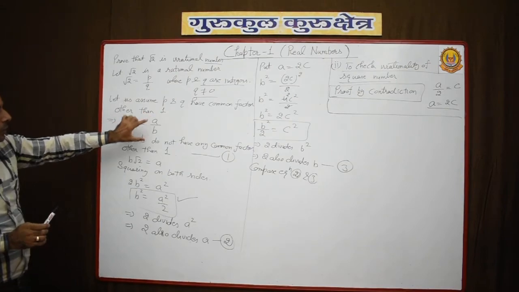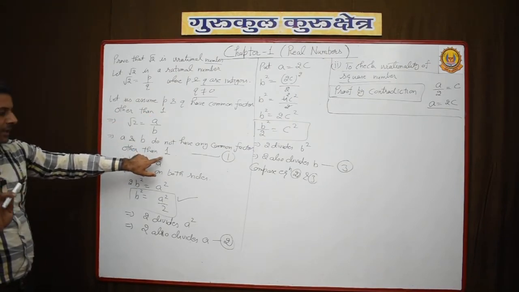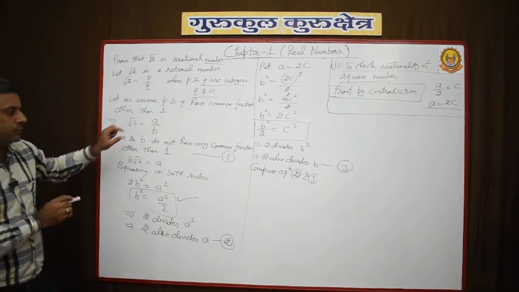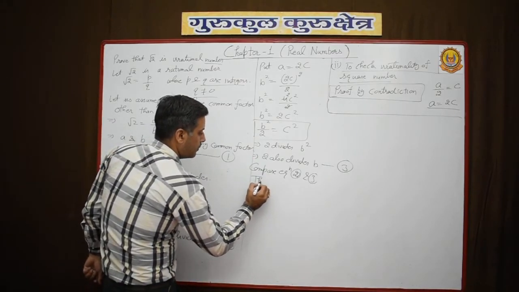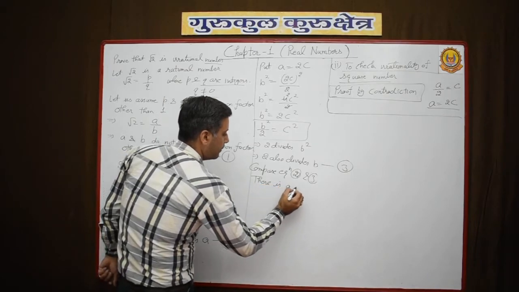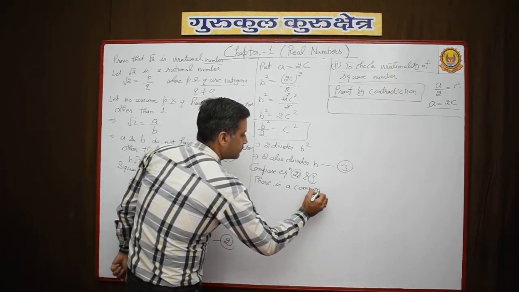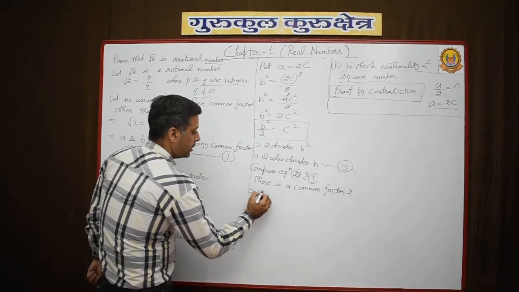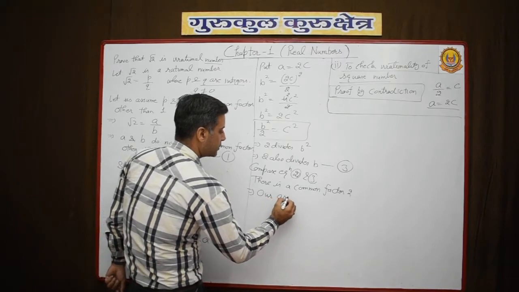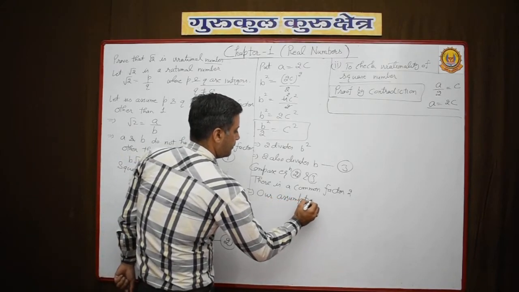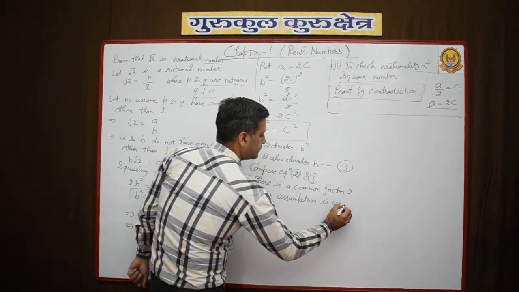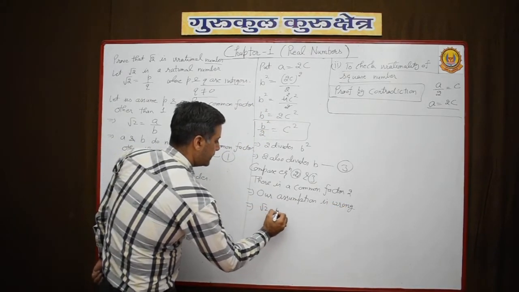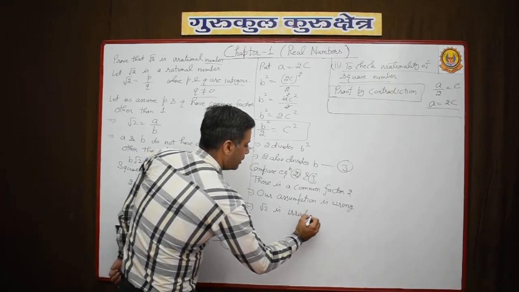But from 2 and 3 there is a common factor 2. So it means our assumption is wrong. So this implies under root 2 is an irrational number.